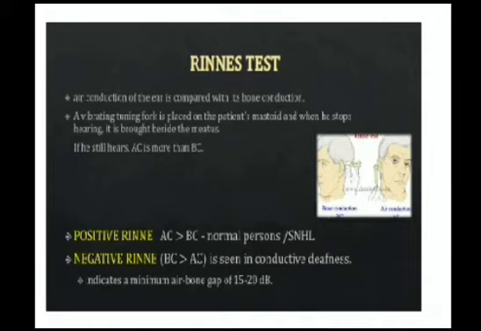In case of positive Rinne, that means AC is more than BC, the person is normal. But in case of negative Rinne, that means BC is more than AC, which is seen in conductive deafness, which indicates a minimum air-bone gap of 15 to 20 dB.